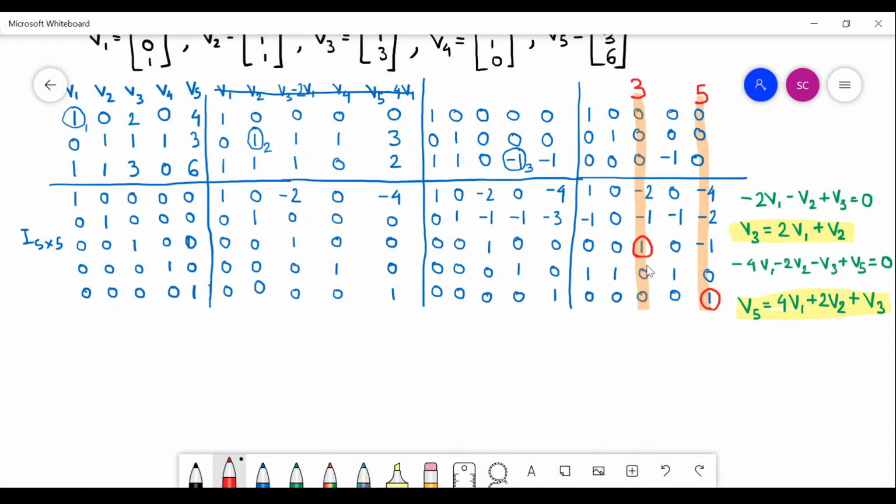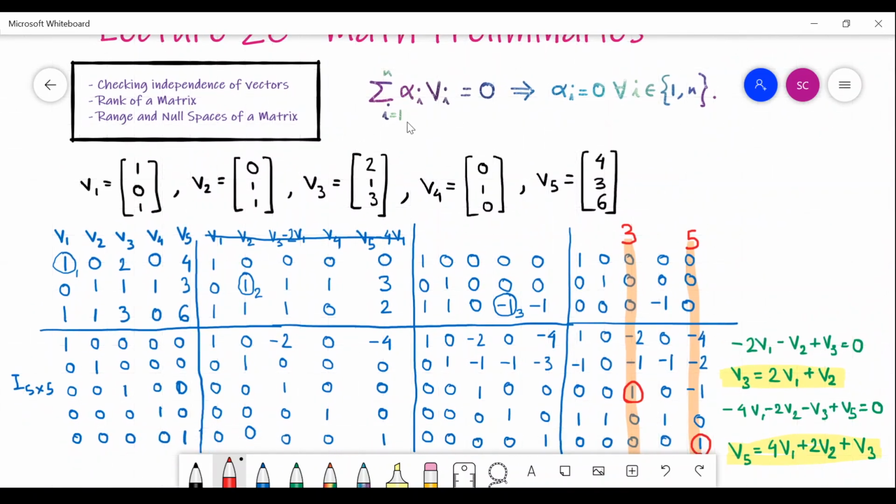Then we can say that this equation will give a result only for alphas being 0. So these are the alphas, right? So only for alpha equal to 0 we would have a solution of this equation.